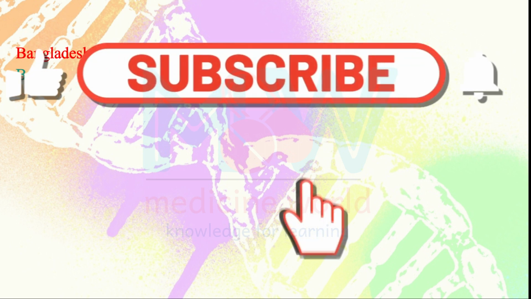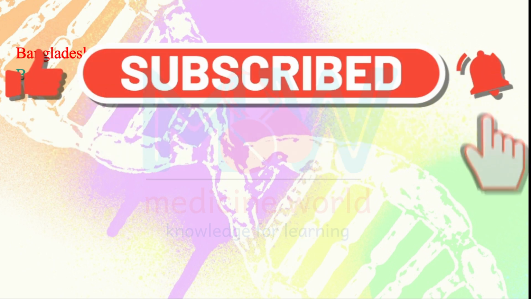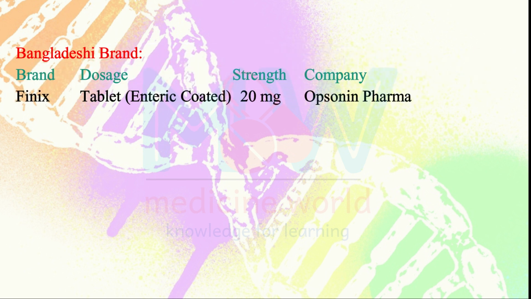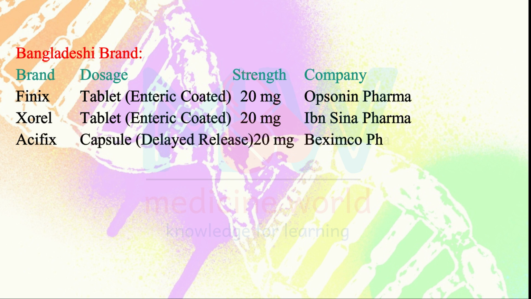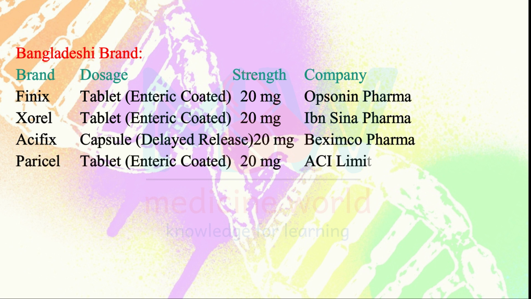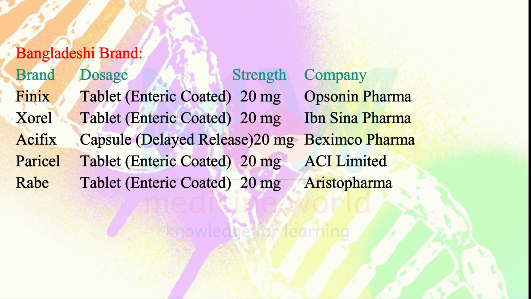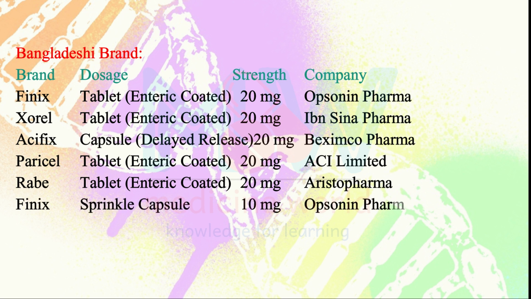Bangladeshi brands of Rabeprazole are Phoenix, tablet, enteric-coated 20 mg, Opsonin Pharma; Xarel, tablet, enteric-coated 20 mg, Ibn Sina Pharma; Asifix, capsule, delayed release 20 mg, Beximco Pharma; Perisol, tablet, enteric-coated 20 mg, ACI Limited; Rob, tablet, enteric-coated 20 mg, Arista Pharma; Phoenix, sprinkle capsule 10 mg, Opsonin Pharma.